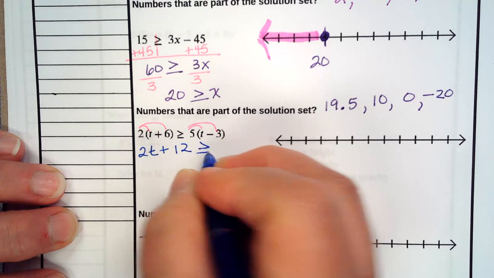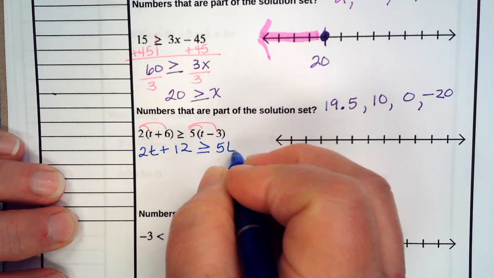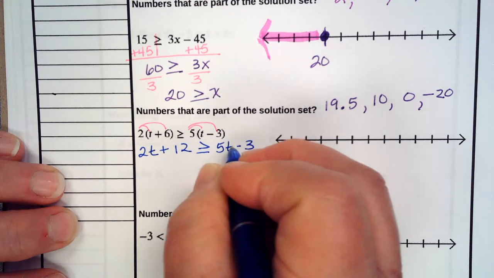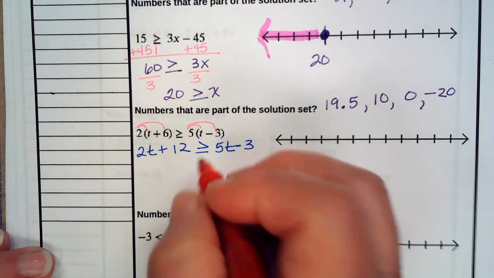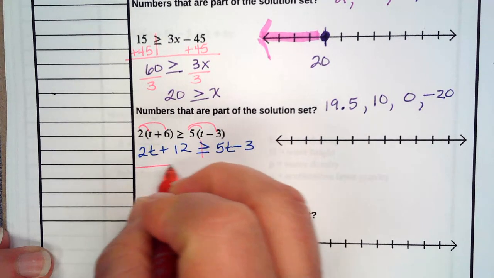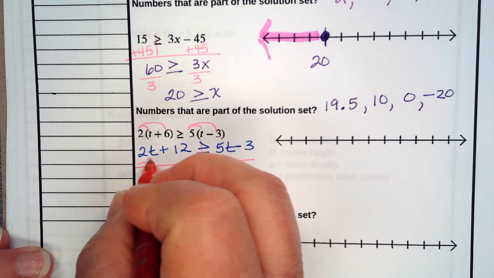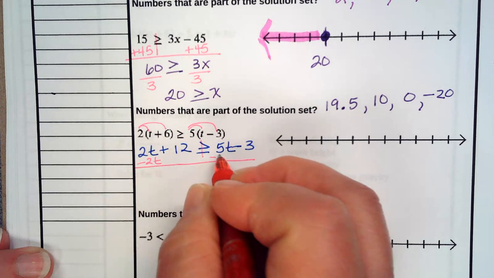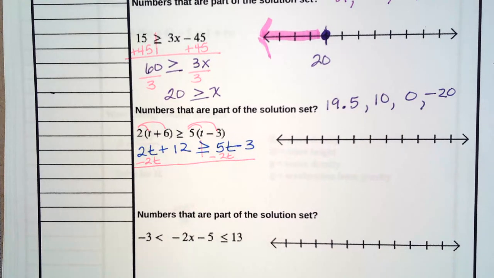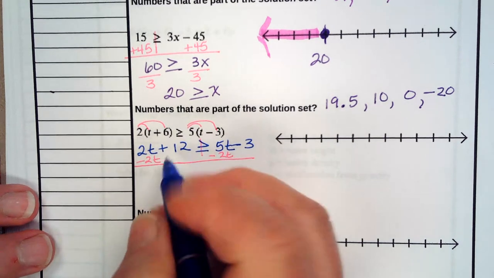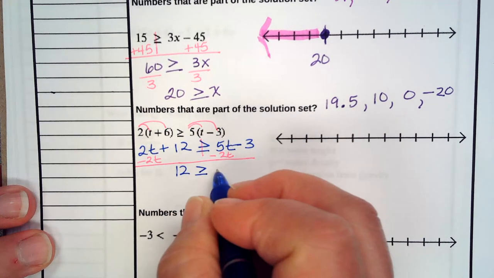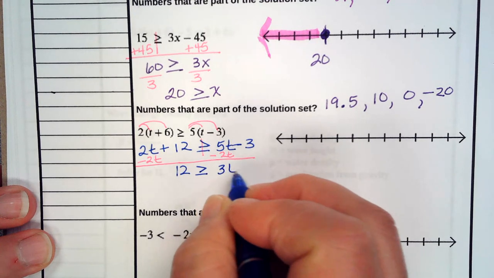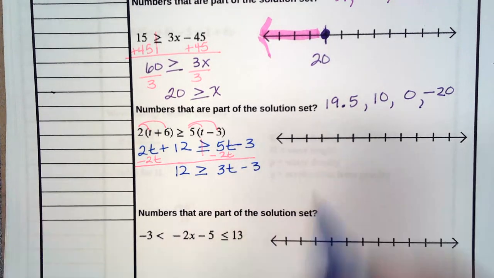It's greater than or equal to 5t minus 3. Get our variables to the same side. I'm going to subtract 2t from both sides. 12 is greater than or equal to 3t minus 3.